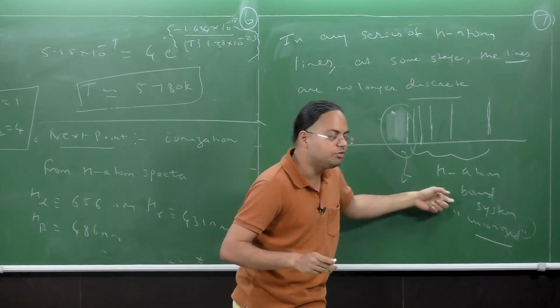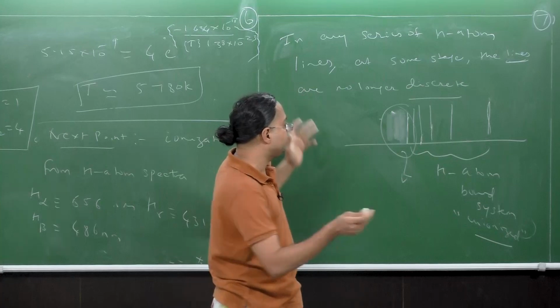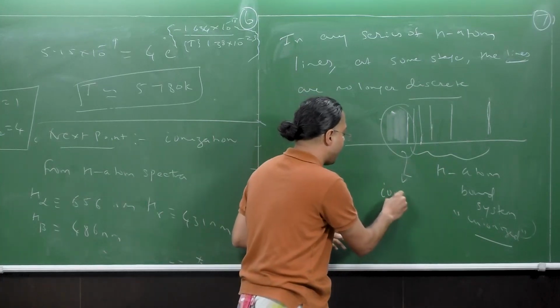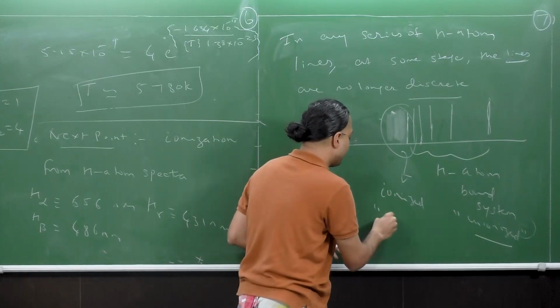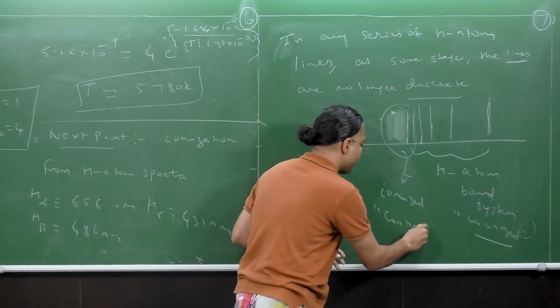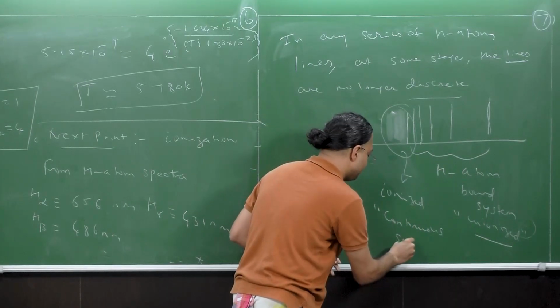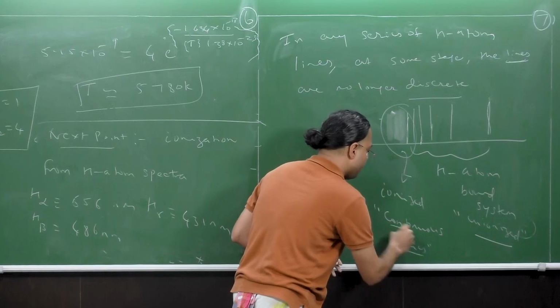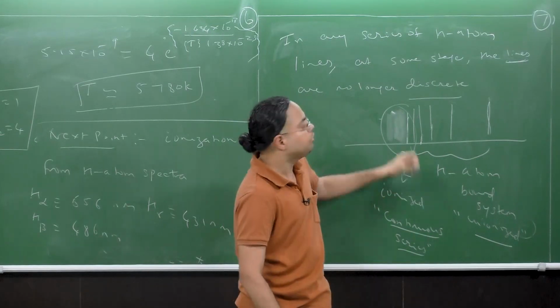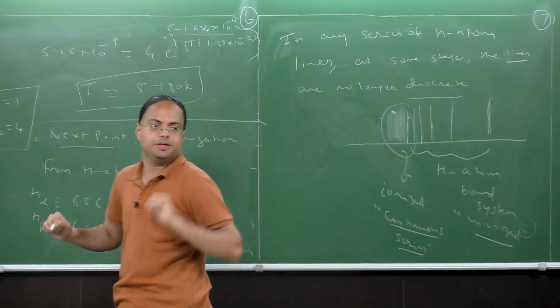It has to be a bound system. Once ionization happens, your hydrogen atom gets ionized, and you get what is called a continuous series of lines. So that is how you know that ionization has actually happened.